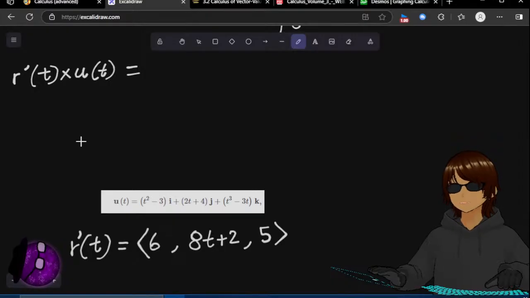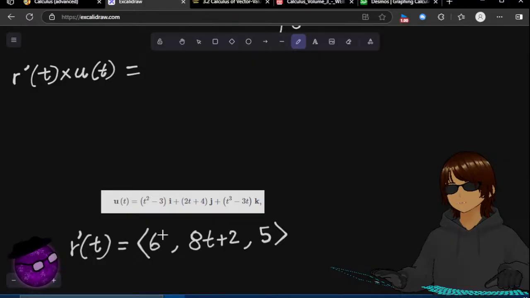Okay, I'm not able to remember how we did this. Was it like these two components, the multiplication of these two minus these two and then plus these two? Was it?